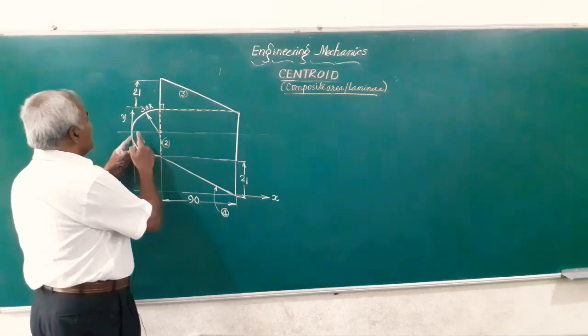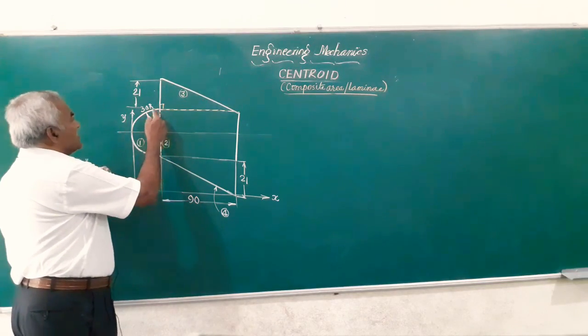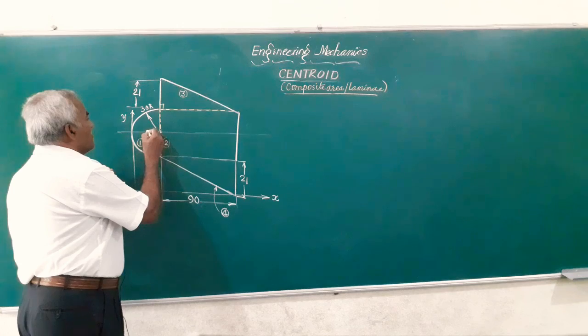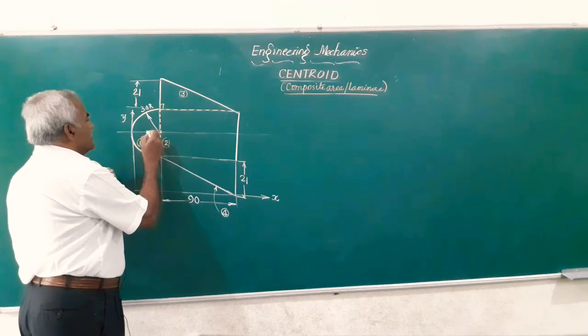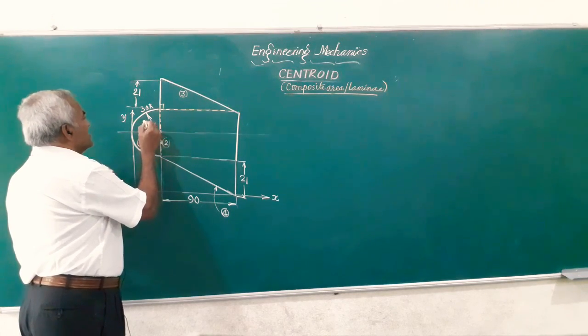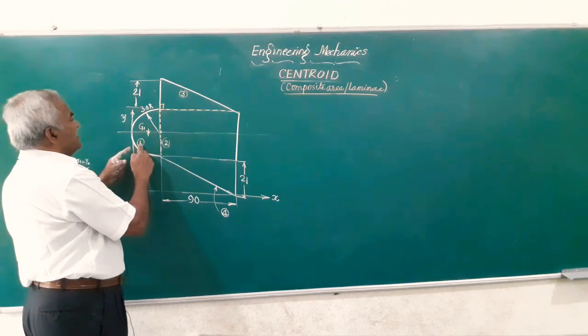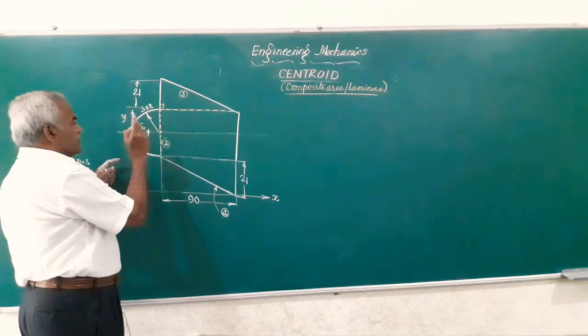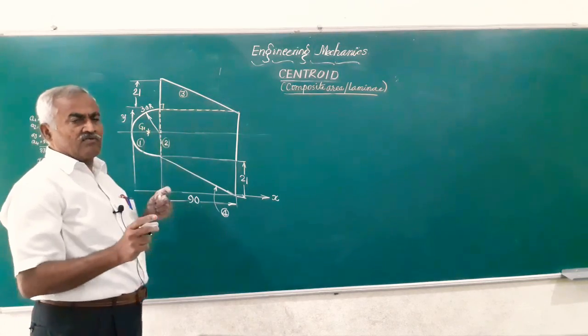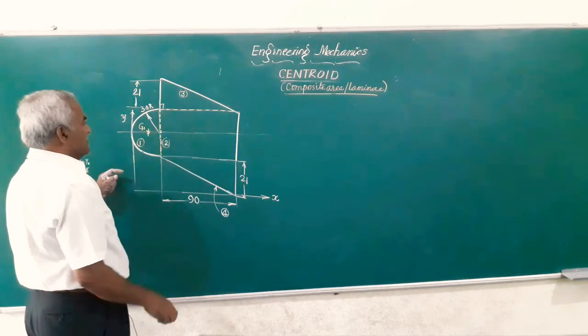If you take the first figure, that is a semicircle, the centroid of this semicircle lies here, and we can call this G1. G1 represents the centroid of the first figure, which is at a distance of 4 times radius by 3 pi.